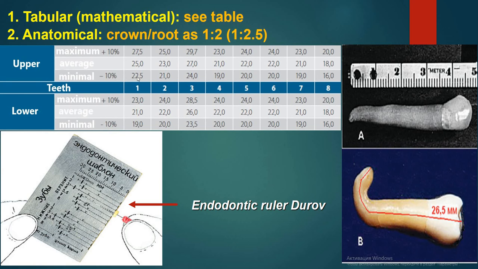First incisor, maximum 27.5, average 25, minimal 22.5. Eighth tooth, maximum 20 millimeters, average 80 millimeters, minimal 60.